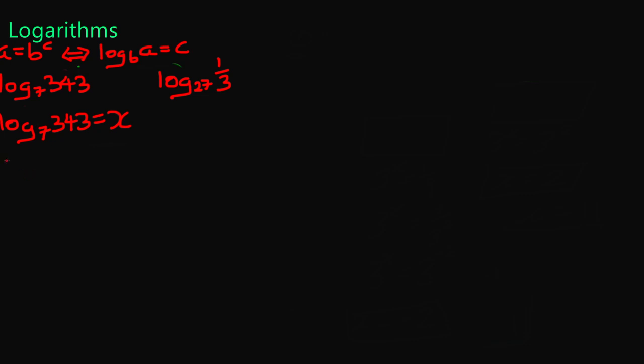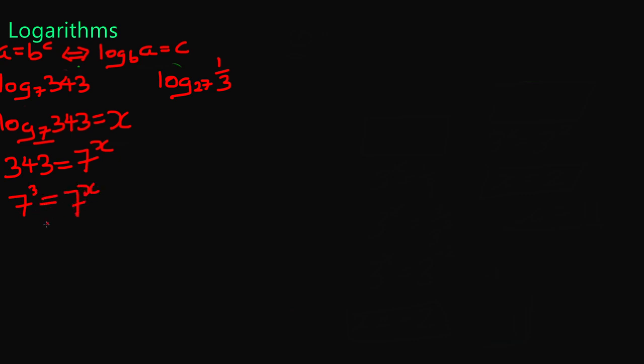Alright, so 343 is equal to 7 to the power of x. As you can see here, we're taking it from the base, so the base to the power of x is equal to 343. 343 would be 7 to the power of 3, which is equal to 7 to the power of x.